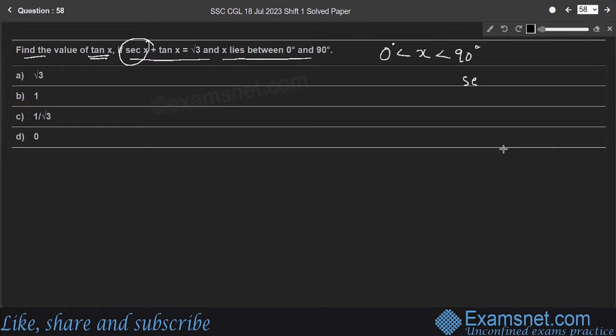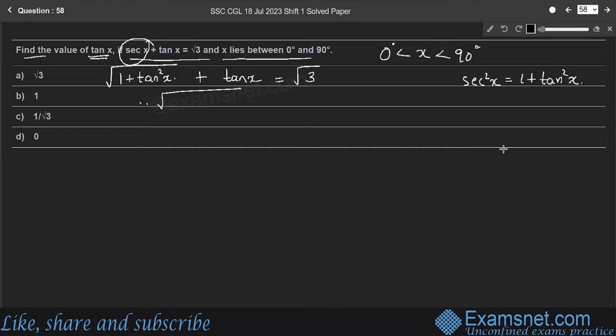We know that secant square x is equal to 1 plus tan square x. Therefore, secant x can be written as root of 1 plus tan square x. So root of 1 plus tan square x plus tan x is equal to root 3, right?